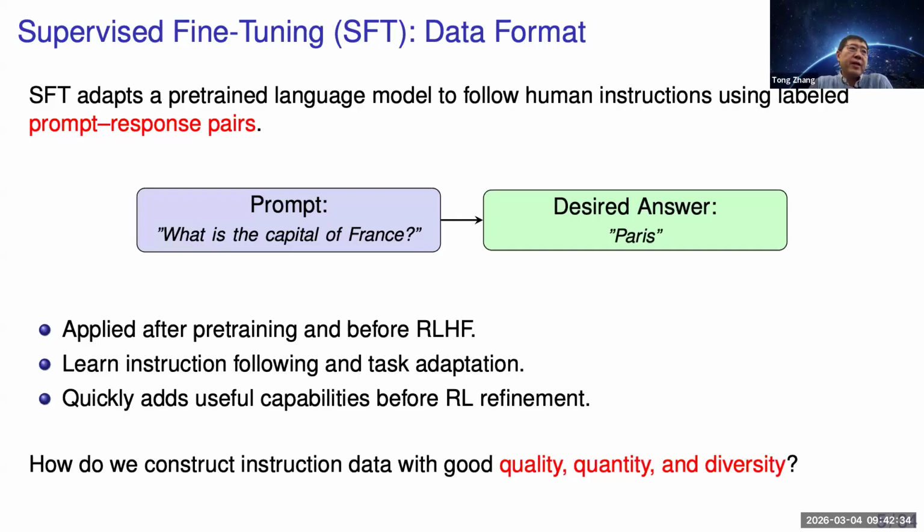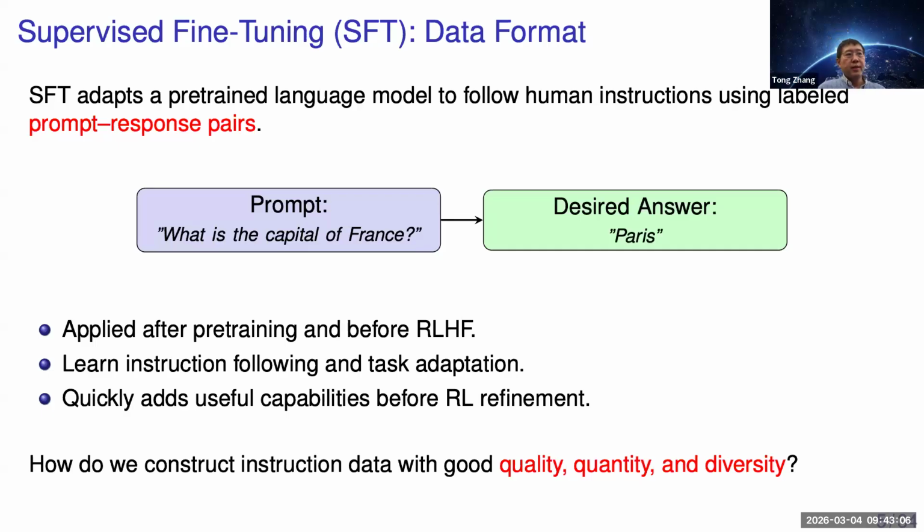Quantity, the more the better, always. But more important than quantity is diversity. We will see some graphs on diversity later. Essentially there are three things: quality, which is easy to understand and needed, a good quantity of data, and diversity.